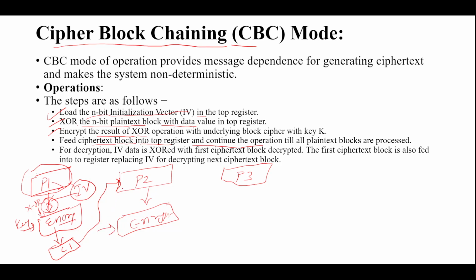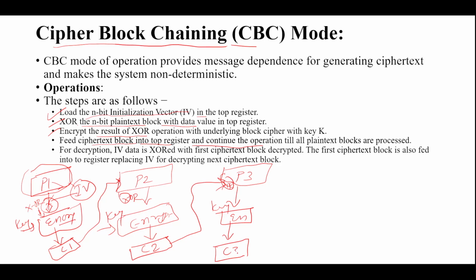That XOR outcome, along with the key, generates the ciphertext C2 for the second block. The output C2 is given to the third block, where we apply the XOR, then again encryption along with the key, generating the third ciphertext for the third block. So this is the process of encryption.